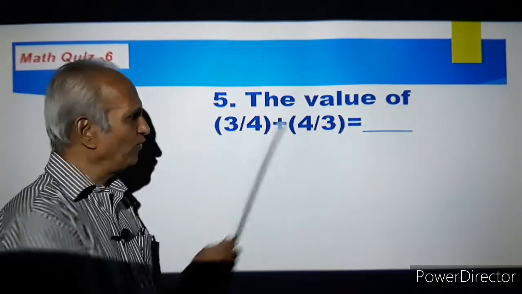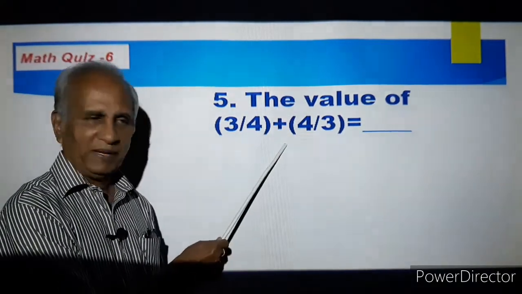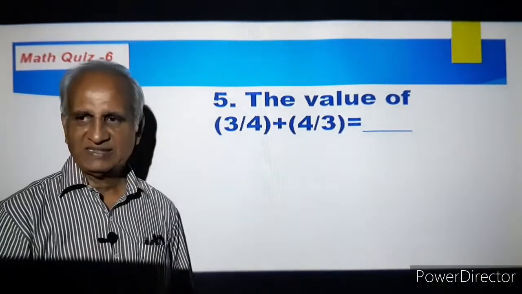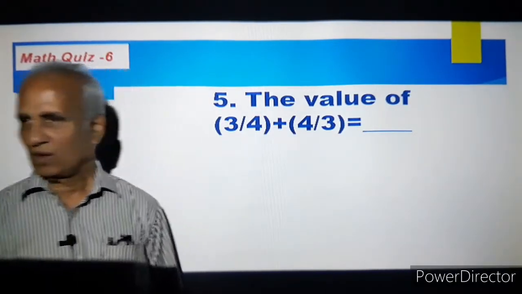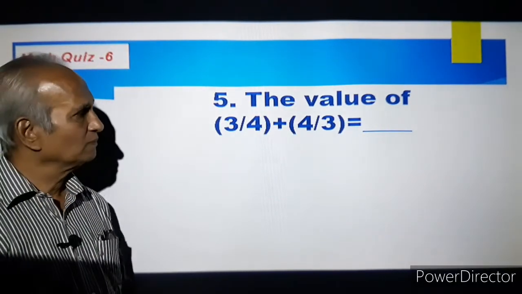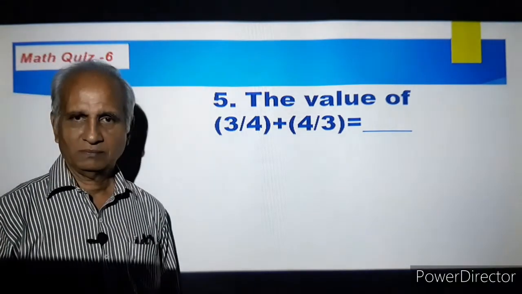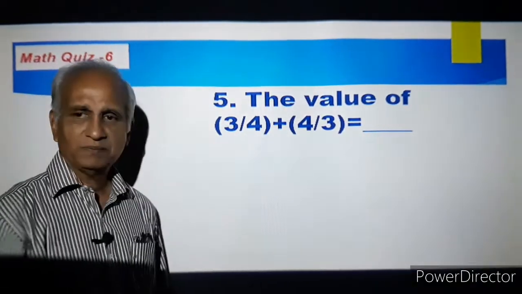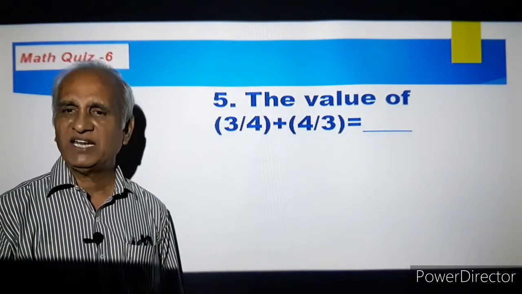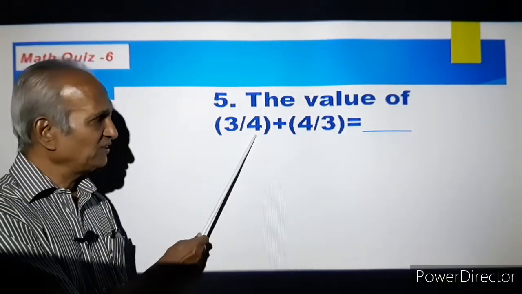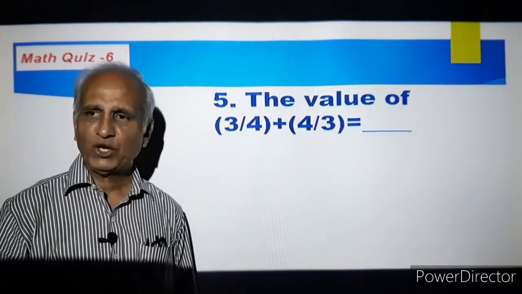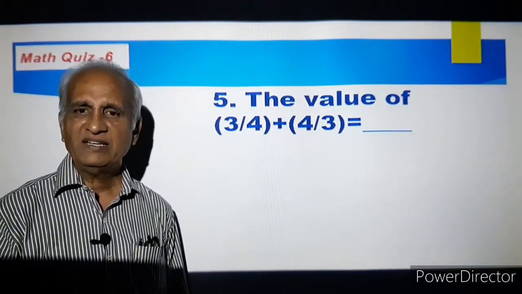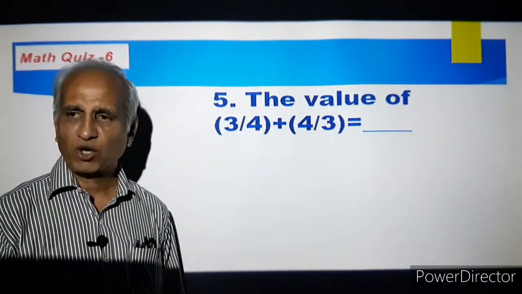The value of 3 by 4 plus 4 by 3 is... These two terms have unlike denominators. Here is 4, here is 3. You have to go for the LCM, least common multiple.